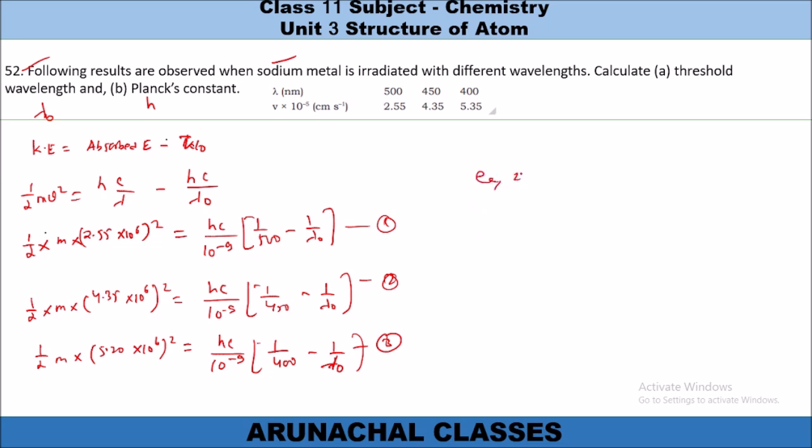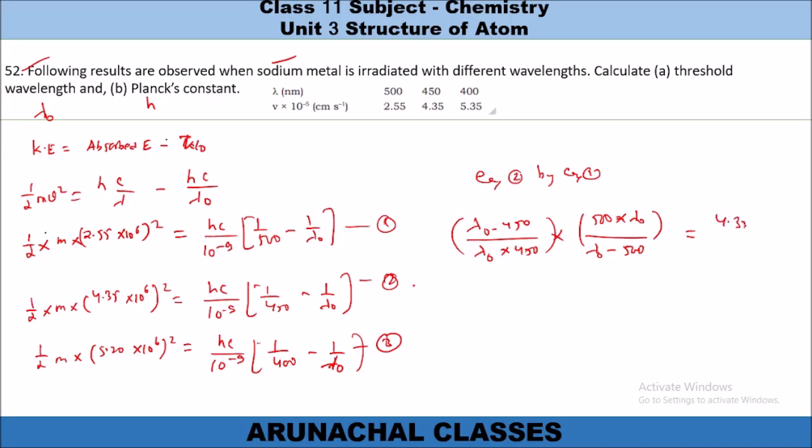Now equation 2 divided by equation 1. When we put the values and solve, it will be (lambda naught minus 450) upon (lambda naught into 450), multiplied with 500 into lambda naught divided by (lambda naught minus 500), equal to (4.35 divided by 2.55) whole square.